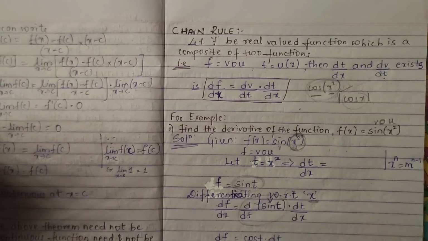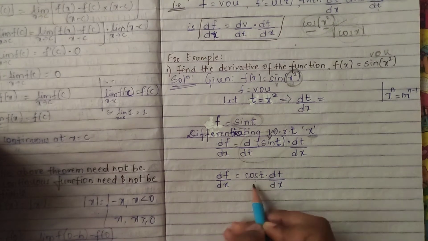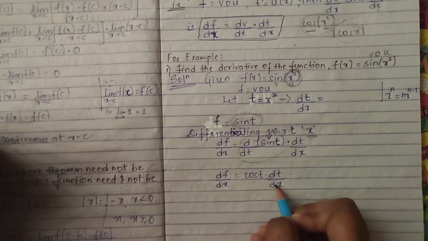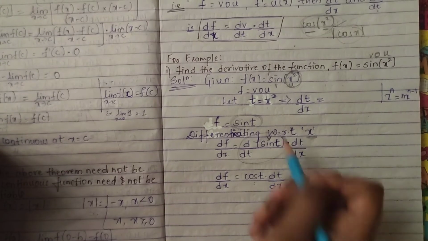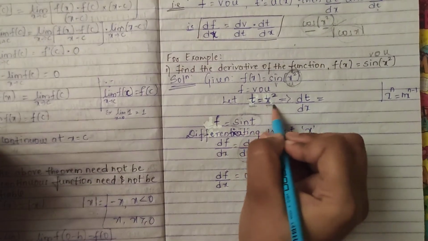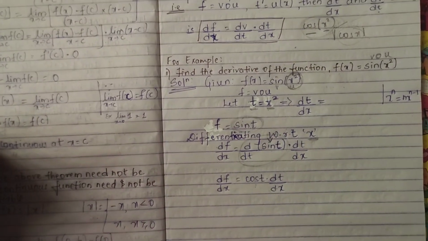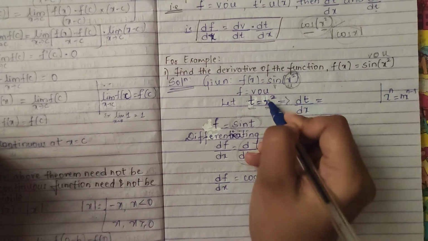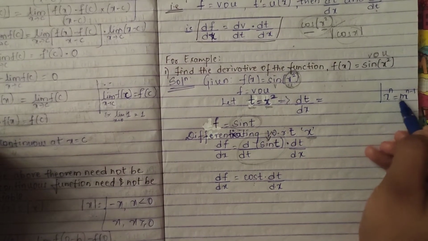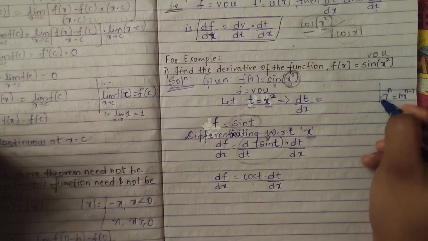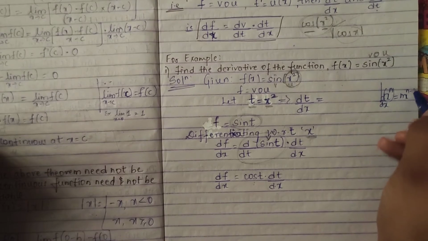Differentiation of sin t is cos t, and dt by dx keep as it is. Now how will we get this value of dt by dx? From here you have taken t is equal to x square. So I have to do dt by dx, means differentiate this with respect to x. Which formula can you apply here for x square? Differentiation of x raised to n is n into x raised to n minus 1.